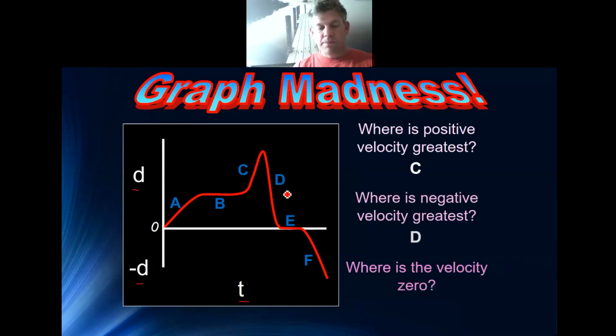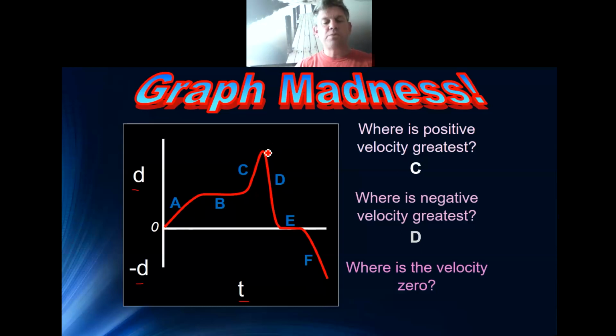Last bit, where's the velocity 0? Velocity 0, remember that means that our object is not moving. It's not increasing its distance, it's not decreasing its distance. It's not going forward, it's not going backwards, it's not going positive, it's not going negative, left, right, all that stuff. For us, this means where's the flat line? So the flat line here, not A, B for sure.